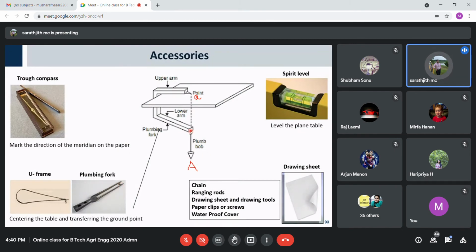You keep this frame in this particular fashion, and the needle on the other side of the upper arm will show you the point corresponding to this point on the sheet. If you place it in this fashion, you will be able to locate this point on the table. This point is the point A on the sheet, which is vertical to the ground point A.